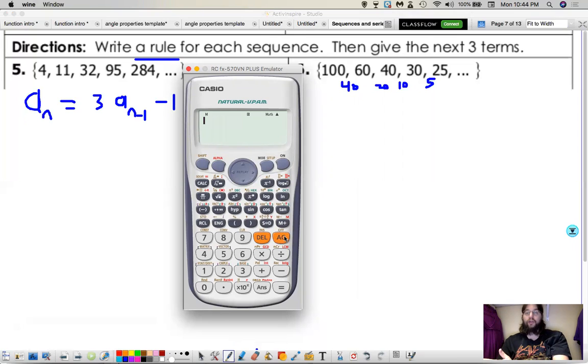And again, there could be multiple formulas. So if I do 100 minus 60, that gives me 40. Well, that's not going to help, because I needed the 60 to get the 60. But I need to take half of that.